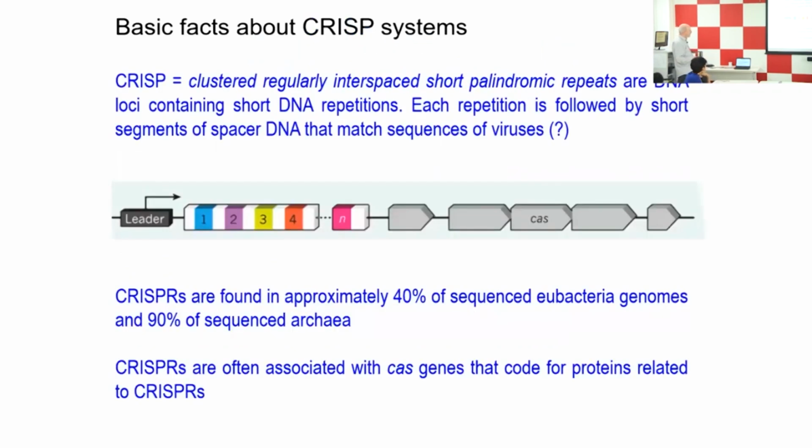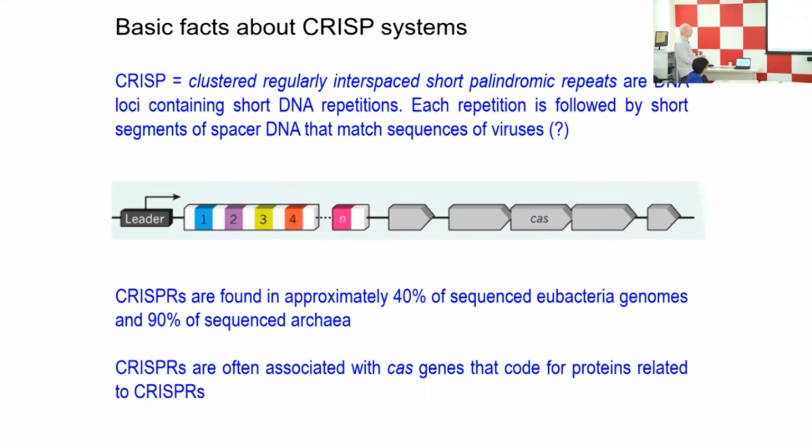Okay. So, the basic facts about CRISPR systems: the name, as you remember, stands for clustered regularly interspaced short palindromic repeats. CRISPR arrays contain short DNA repetitions.